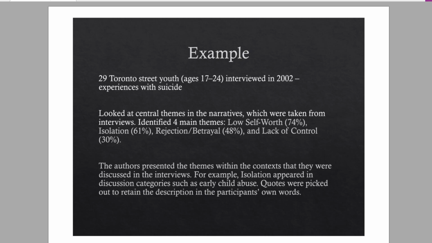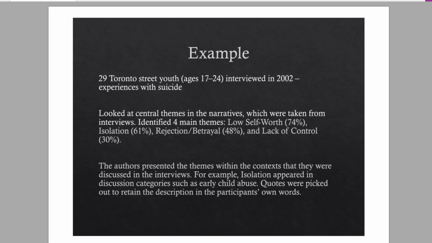And one thing that they found was a concept called slow suicide, where people's experiences really started to accumulate, where they felt that there was a loss of control. There were things that people hadn't considered before, so assault during prostitution, drug abuse as being part of that slow suicide, breakups in intimate relationships being part of this low self-worth, and rejection and betrayal.